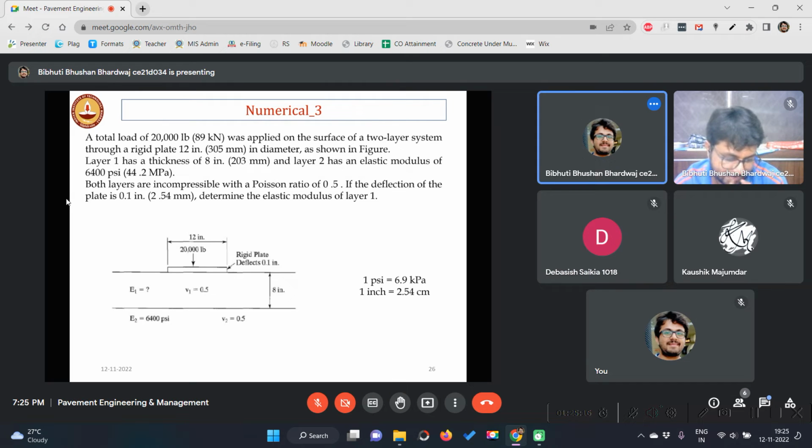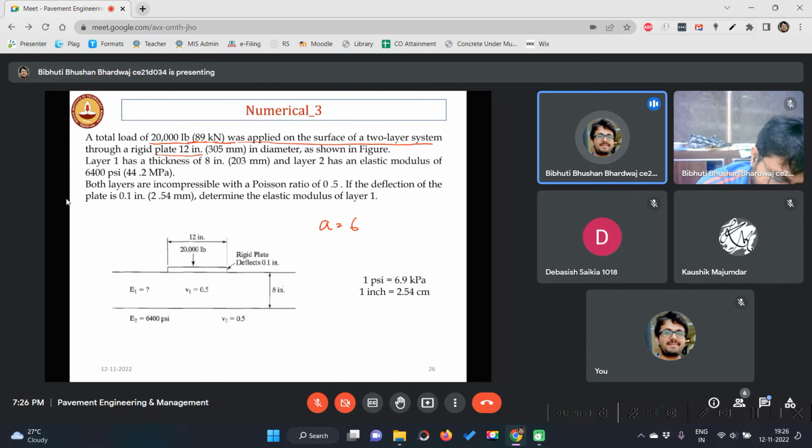Now quickly do this problem. A total load of... In this question I will not help much. I want you to think, because the trick is involved in the first line itself. They have not directly given Q or anything, so you find out everything. On the surface is a plate of 12 inch diameter, so A is given, A is 6.